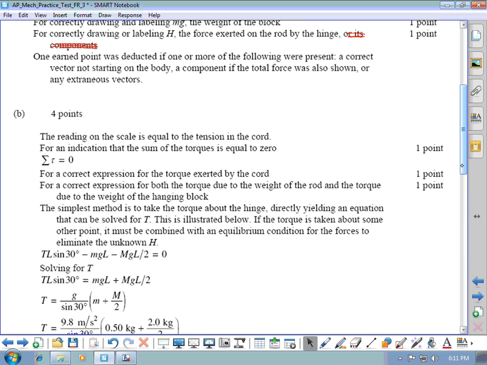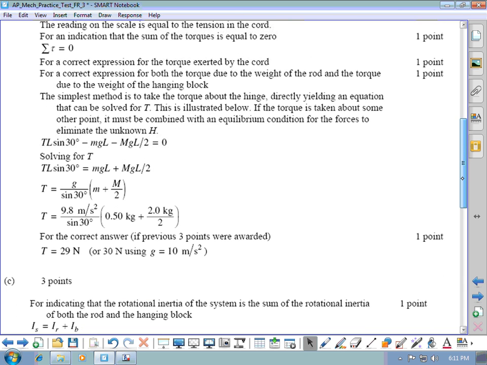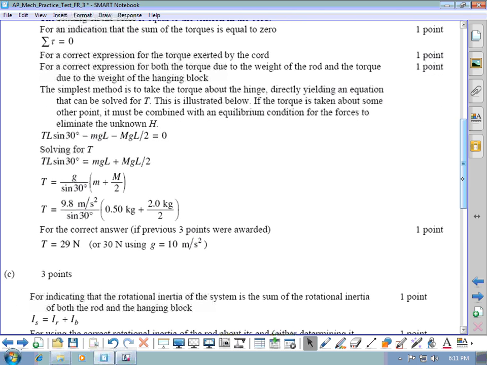This way was the easiest way. And so you would go through and solve, and we got 29.4 newtons. So it was 1 point for this, only if you had gotten the previous 3 points.